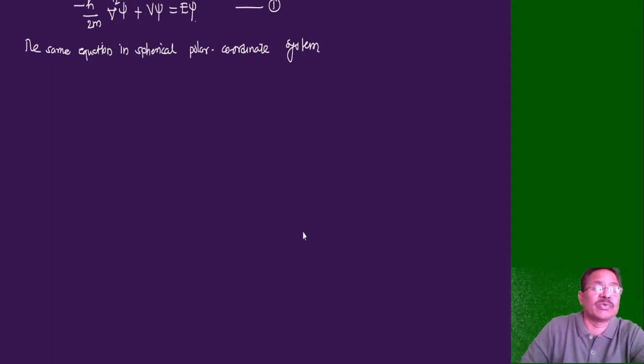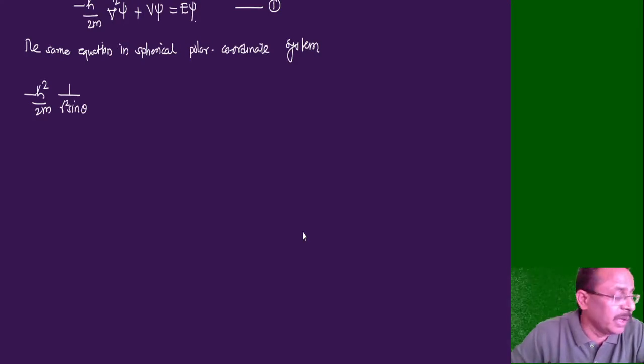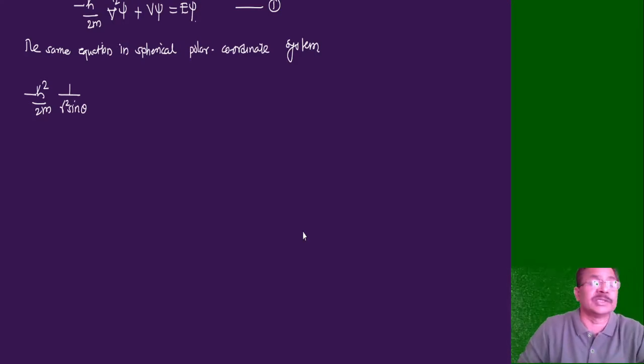Express this del square in the spherical polar coordinate system. This equation becomes minus h cross square upon twice m as it is, times 1 upon r square sine theta. This product is called 1 upon h1 h2 h3, if some of you remember this.